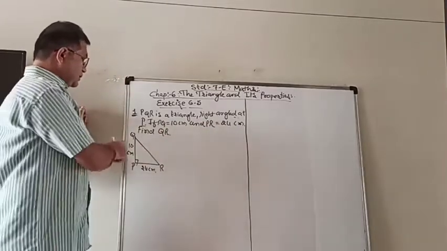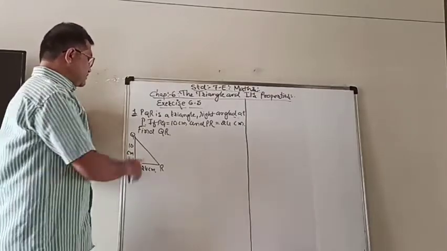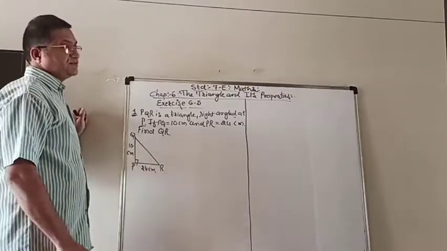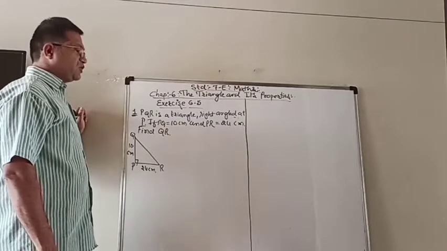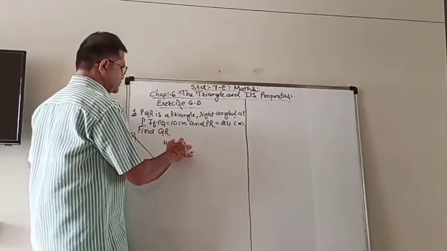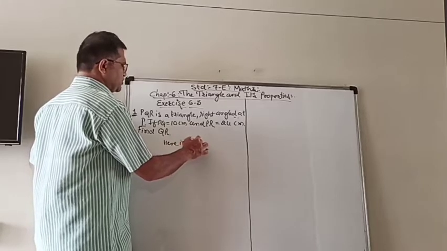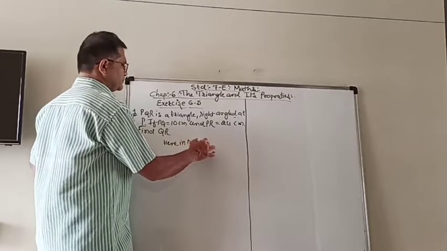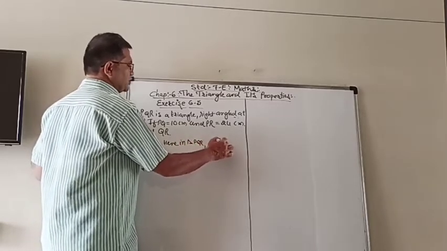Now these two sides are given and we have to find the hypotenuse, and we know the Pythagoras property. In triangle PQR, angle P is equal to 90.